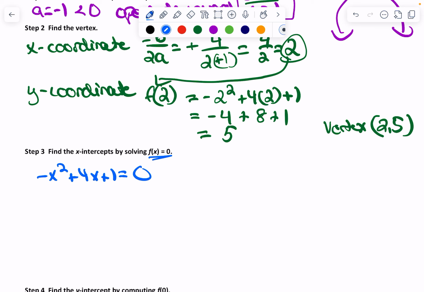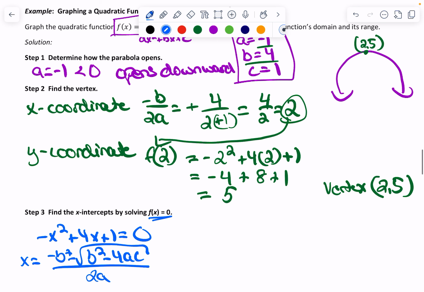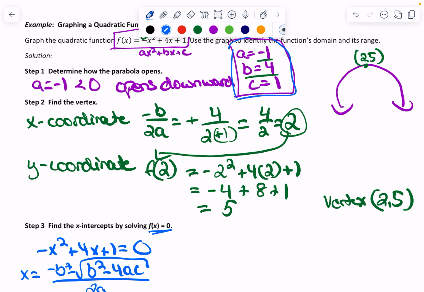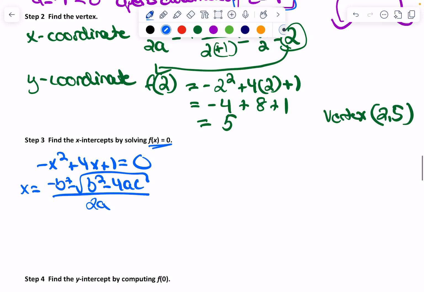So what we're going to do is use the quadratic formula. So x equals -b plus or minus the square root of b squared minus 4ac, all divided by 2a. We already listed our a, b, and c right here, so we're just going to go ahead and plug those in.